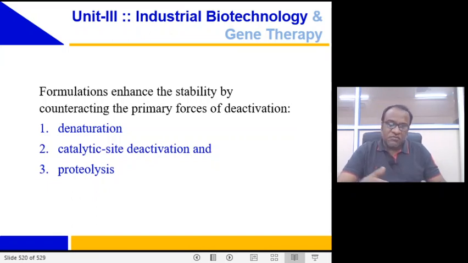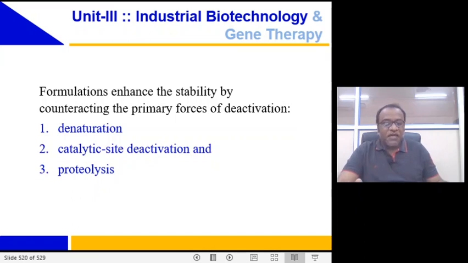Right. So essentially we are trying to understand how to formulate the enzyme product so as to overcome the primary forces of deactivation. Number one, denaturation. Number two, catalytic site deactivation, and number three, proteolysis. So how to overcome this? Essentially, we have to minimize the unfolding of the protein.